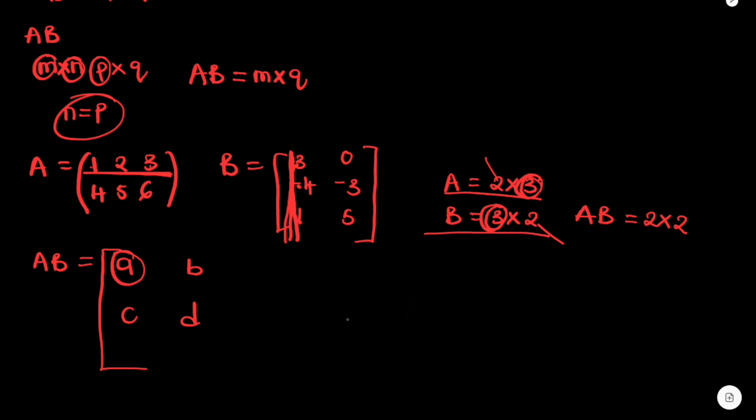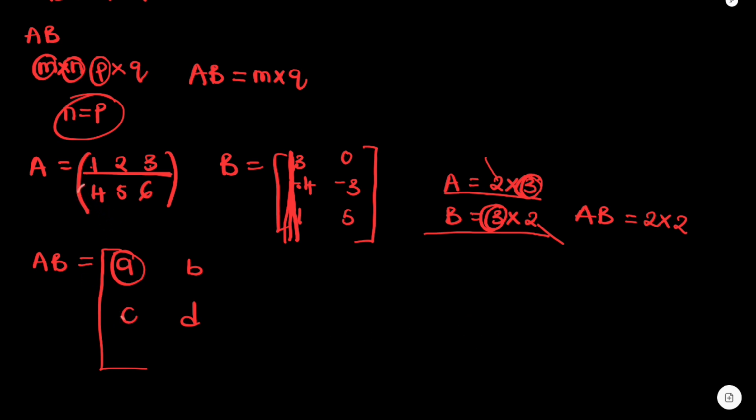It is the same principle: we take 2, multiply it by this and this first, before we take this and multiply it by that. So it is the same thing here.